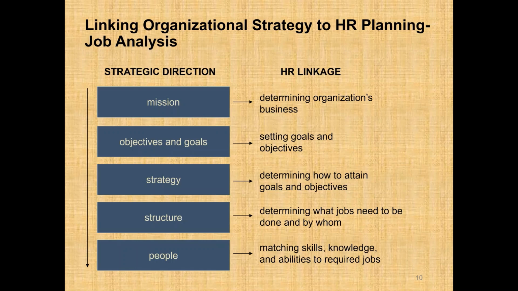Once we have all those criteria set, the organization moves towards the operational strategy, determining how to attain the goals and objectives we have set in the strategic objectives and goals stage.